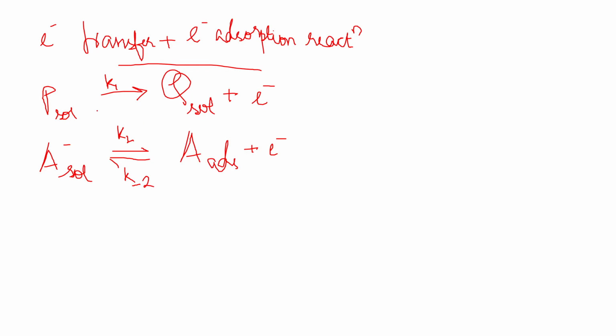This one is our desired reaction. Now what is the impurity that is present? From the solution, something comes and adsorbs onto the surface of the electrode, and thereby it hinders the active sites that are available for our desired reaction.